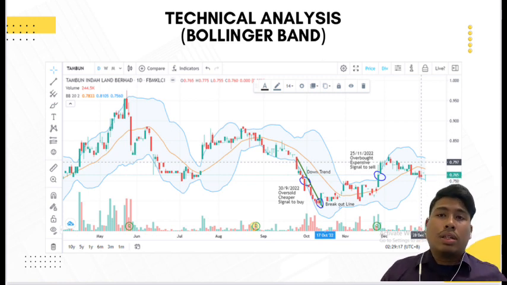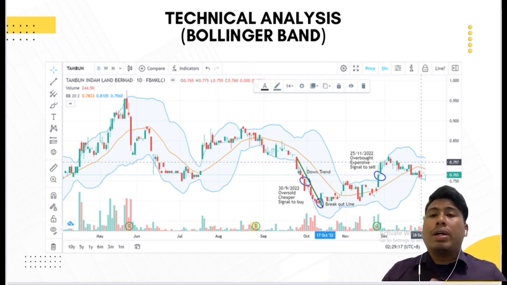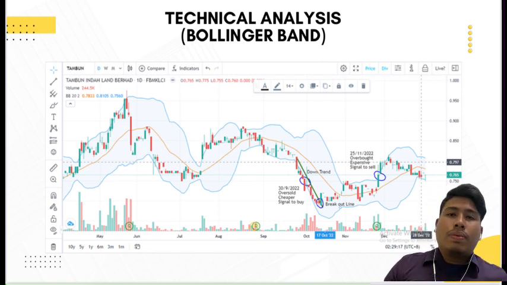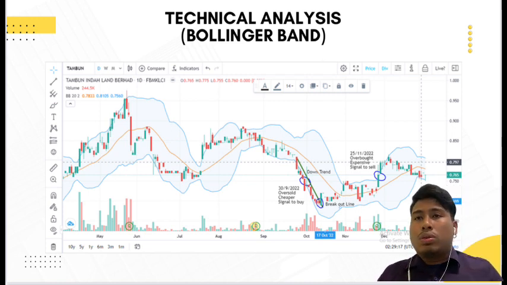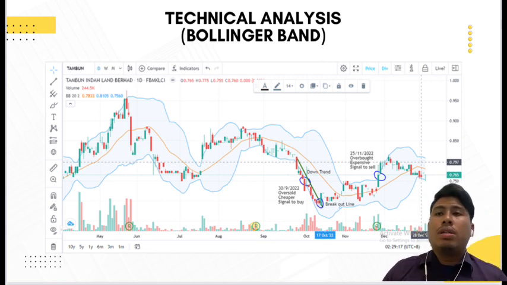The trend is a downtrend, and at some point the price suddenly went up and broke out of the trend line. And on 25 November 2022, the share was overbought and the price was very expensive, so it is a signal to investors to sell the share, as in the news on 29 November 2022.